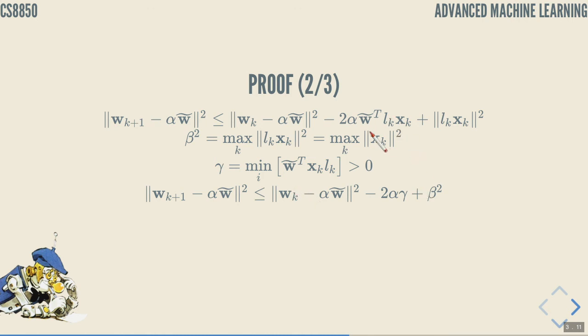So if you look here, we took the smallest value here, gamma, and we took the largest value here, beta. So we're saying we will add the maximal we can add, and we will subtract the minimal we can subtract.